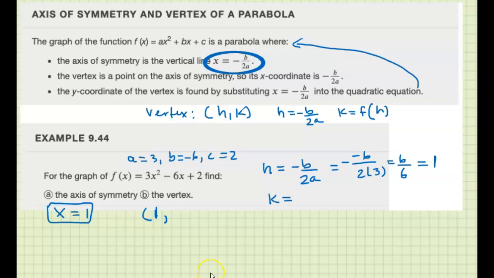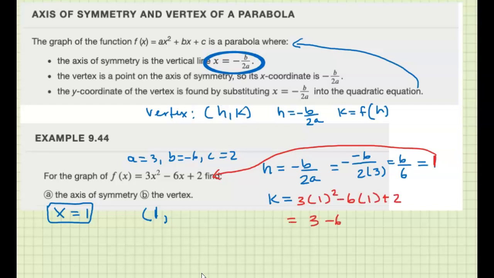Okay, so we get 3 times 1 squared minus 6 times 1 plus 2. 3 minus 6 plus 2 gives me negative 1. So the y value of the vertex is negative 1. Alright, so x equals 1 is the axis of symmetry. The vertex is at this coordinate point, (1, -1).